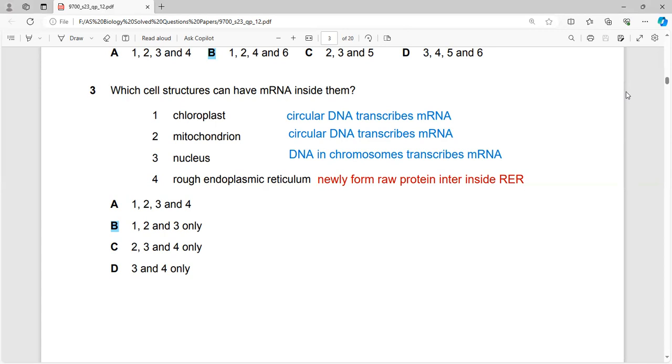While the rough endoplasmic reticulum does not contain messenger RNA. It produces the protein, and protein moves into the rough endoplasmic reticulum. So there's no messenger RNA in the rough endoplasmic reticulum. So our correct option will be 1, 2, and 3. That is B.